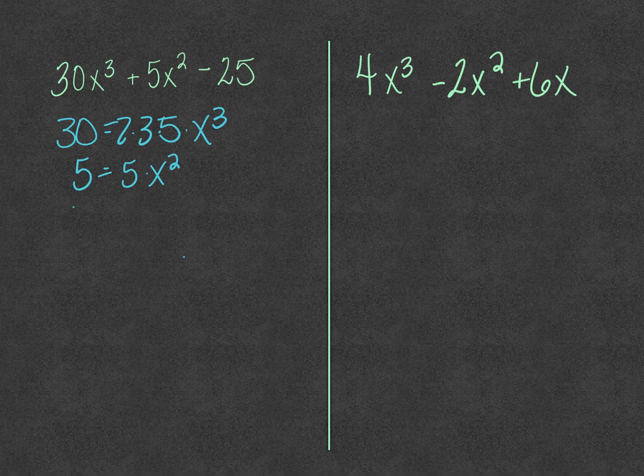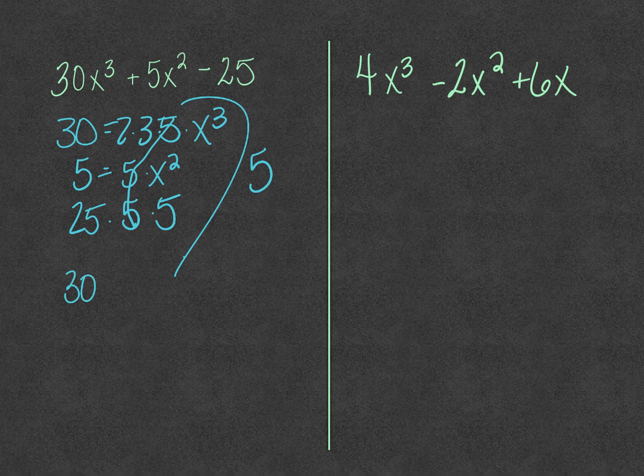And then 25 is simply 5 times 5. All right? Now, we notice here we only have one 5 in common. And so now, I'm simply going to divide everything by 5. I do not have any variables in common here, okay? So my greatest common factor is simply 5.